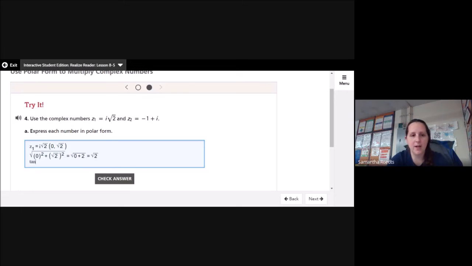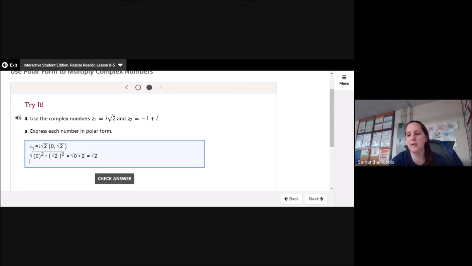Okay, and then I find the tangent theta of my sine over my cosine, which is square root of 2 over 0. So this is actually undefined. I know there's no cosine, so that means my cosine has to be 0.